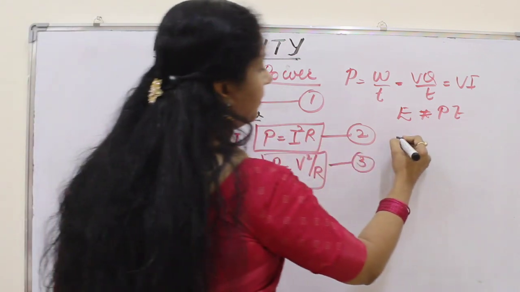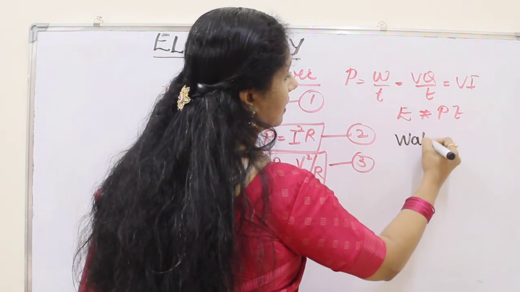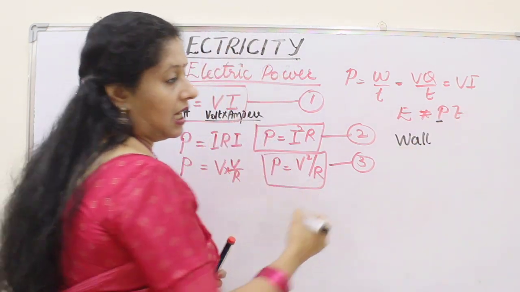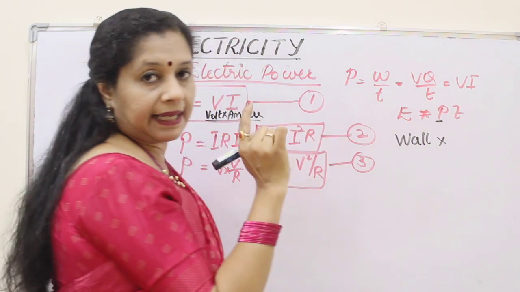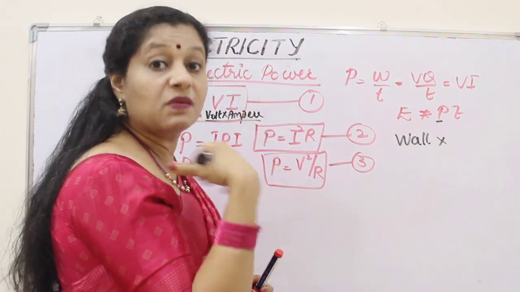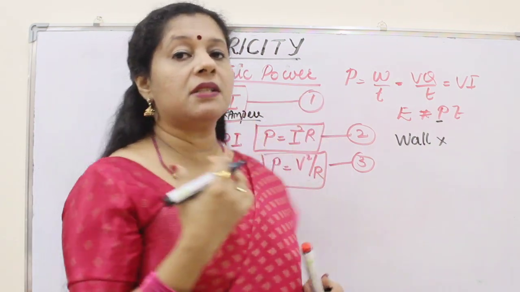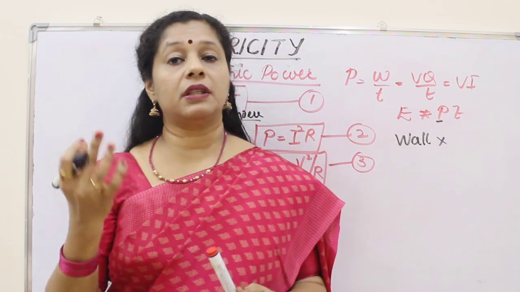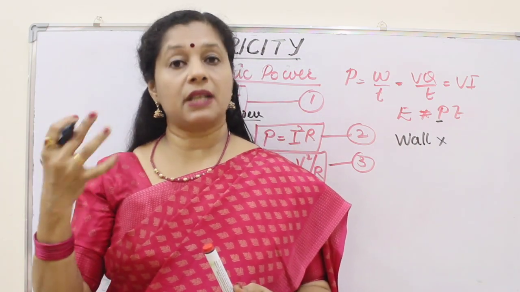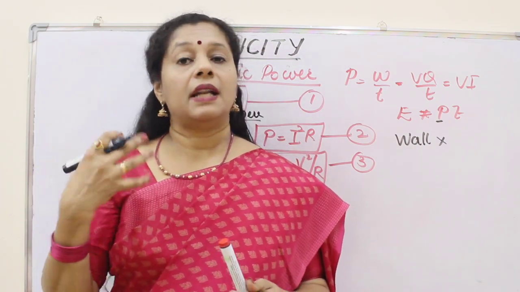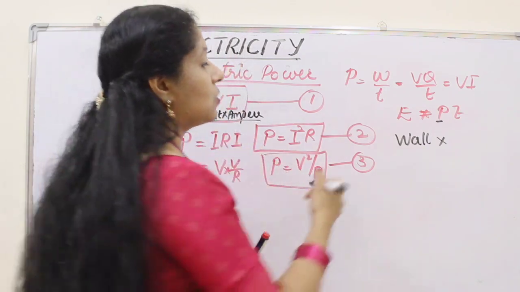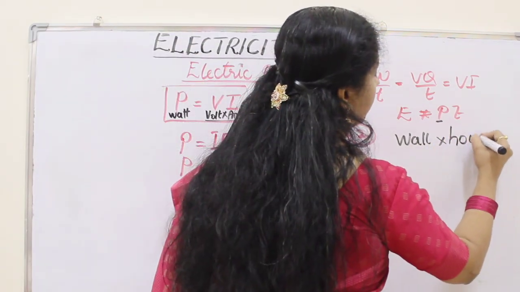So at home we are using watt as the unit of power, and time we are not taking in seconds, because no gadget we use for seconds, we use for hours. Suppose a bulb is switched on, we may use it for 3-4 hours, or a fan we may use at night for 8 hours. Like that, so many hours we use, right? So here it is in the form of hours.